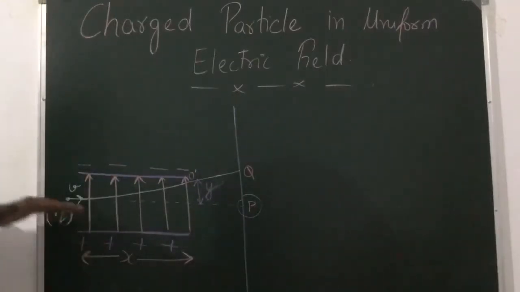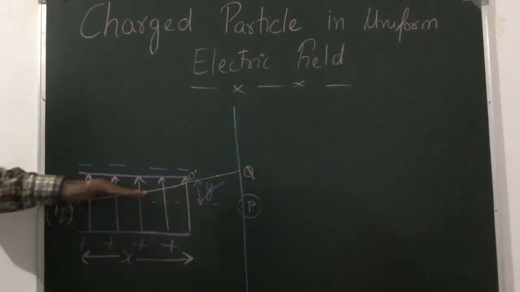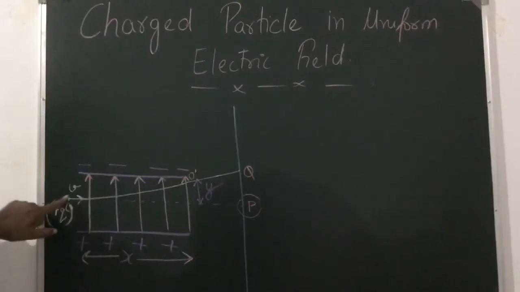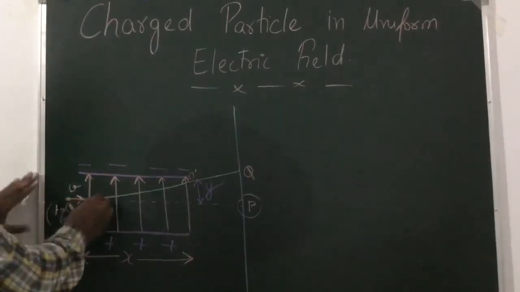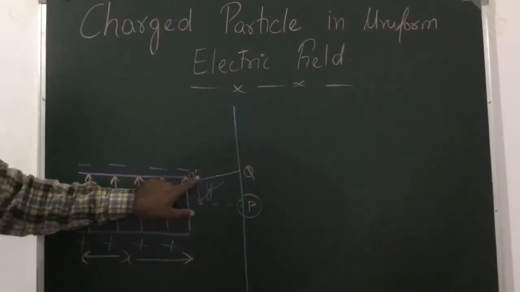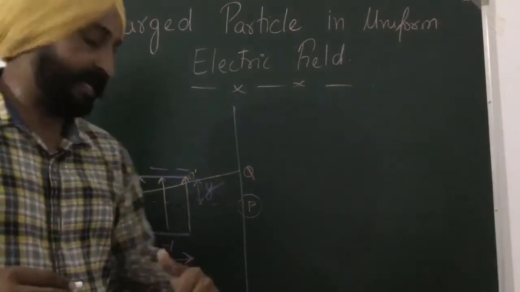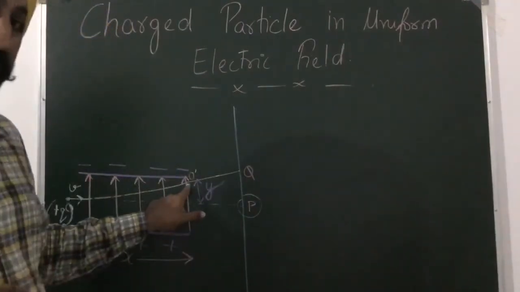Right? So this charge, which has some initial velocity in the horizontal direction, will be pulled towards the negative plate, and the resultant path of this charged particle is shown over here. Here you can see it is deflecting from its original path, and it will keep on deflecting till this point, right?